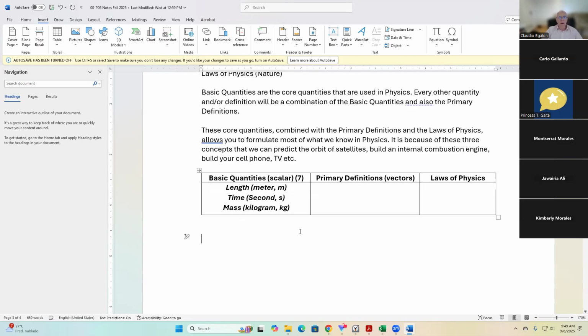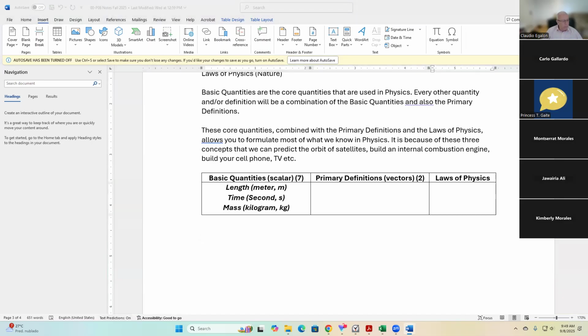Simple enough? In the case of the primary definitions, we have two others. We say that they are vectors too. There are two.